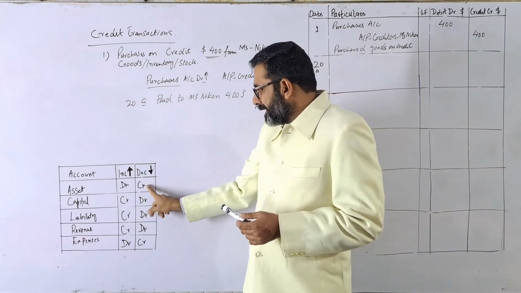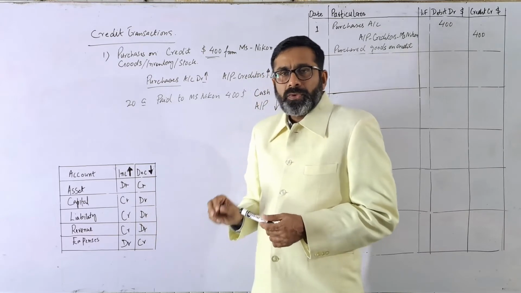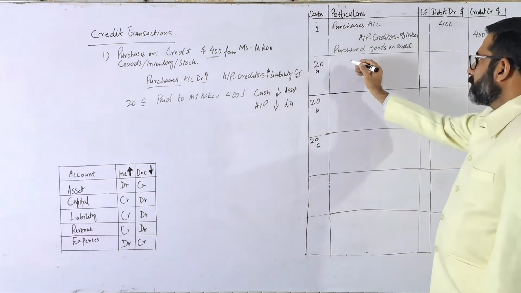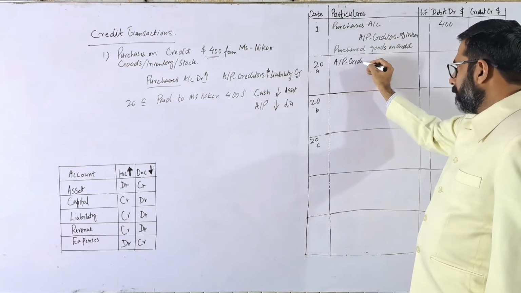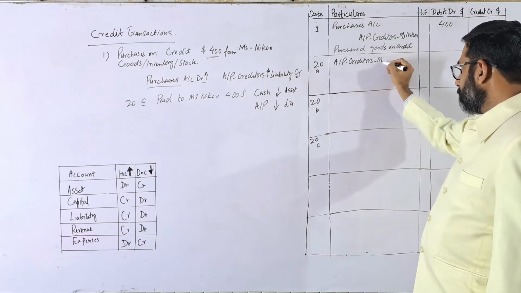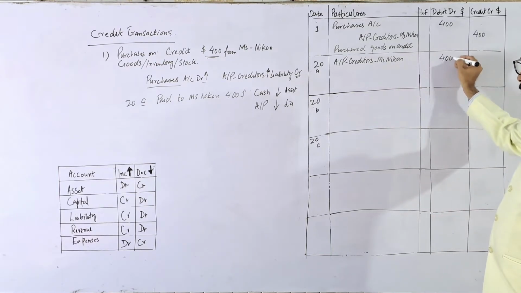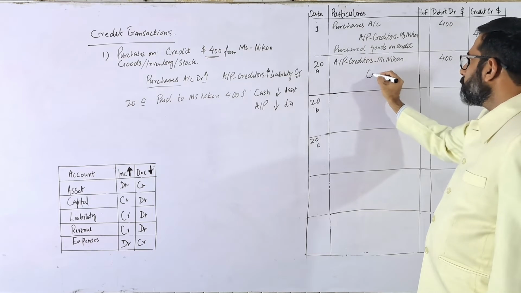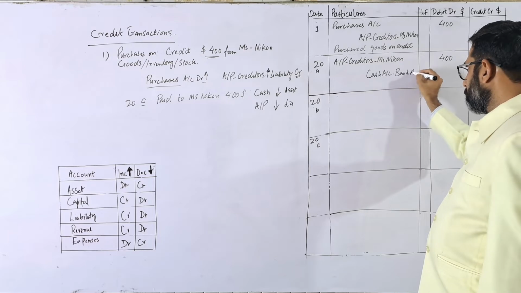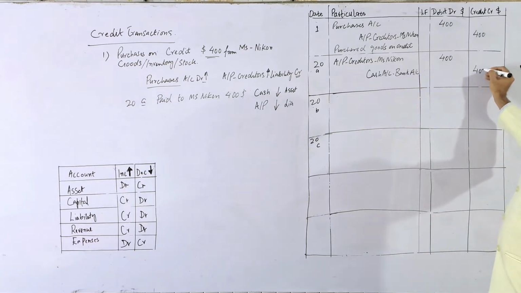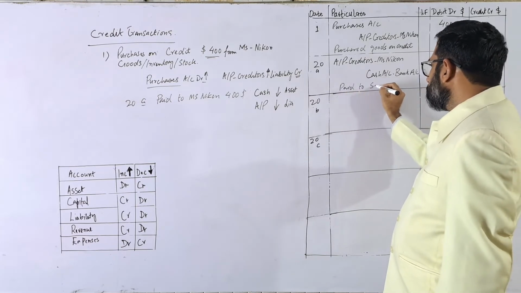So asset decreasing is credit, and liability decreasing will be debit. So first of all, the very basic transaction, that we are paying the cash: account payable, the creditors, Messrs. Nikon, $400, and cash account, or it may be a bank account, $400. Paid to supplier.